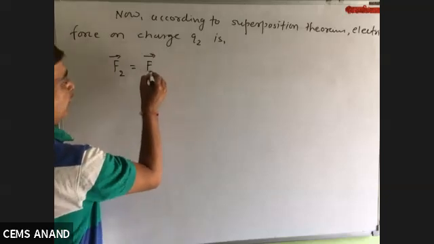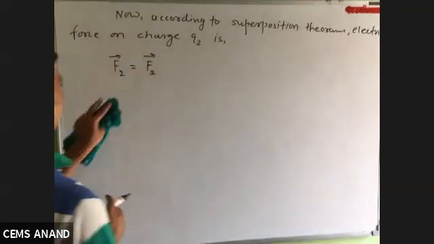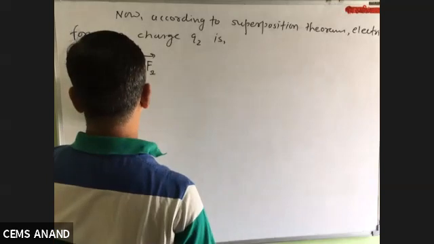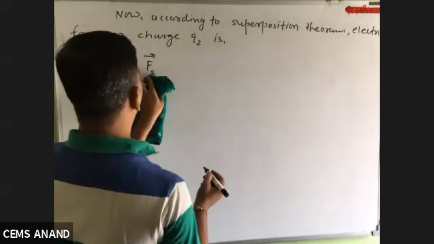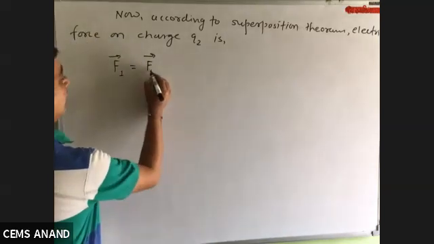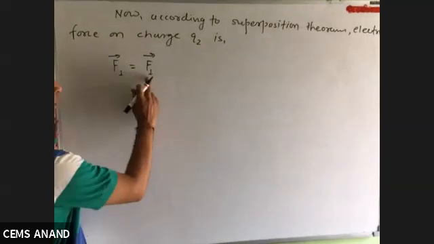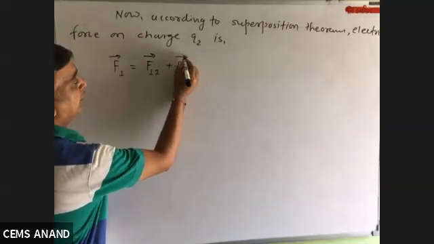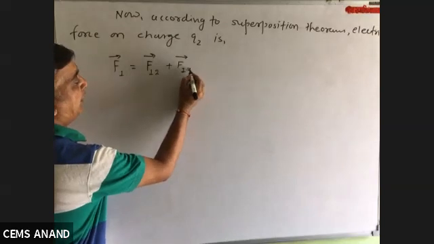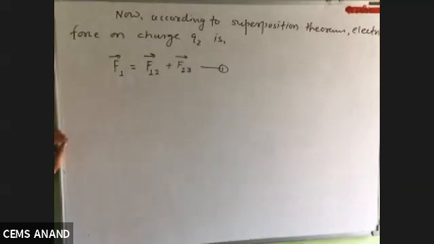Sorry, we are going to find the force on 1 according to our figure. If it is 1, then the number on which the force is exerted comes first: F1 is F12 plus F13. This is our formula number 1.